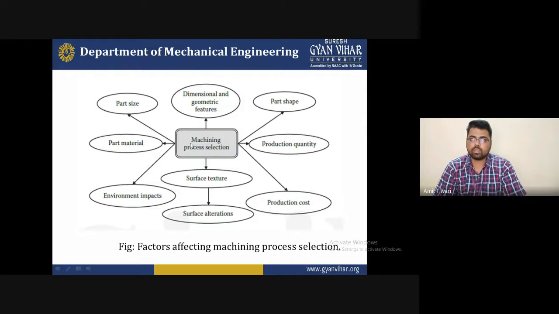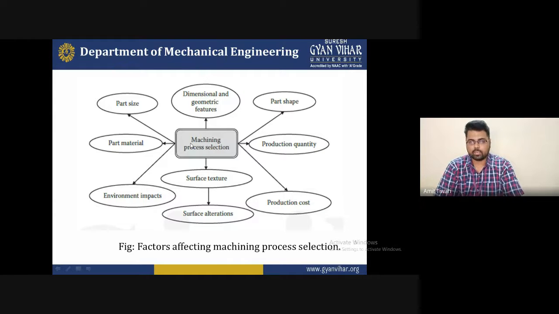If it is small, then it will be fabricated easily, and we will face no further complication in designing any part or in machining selection. So whenever you are machining, the part size is very important for saving time or providing good surface finishing.